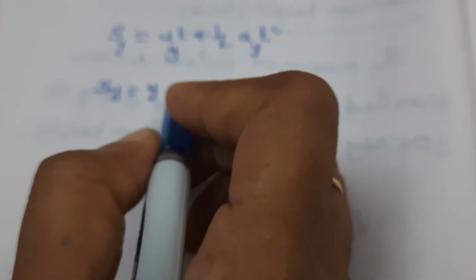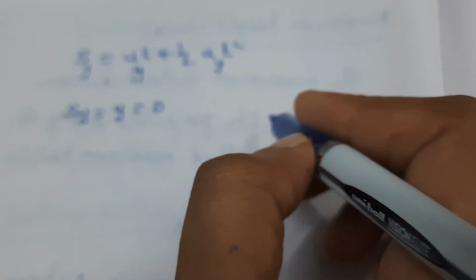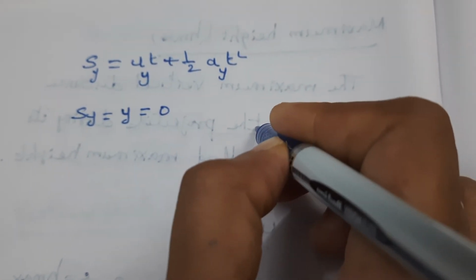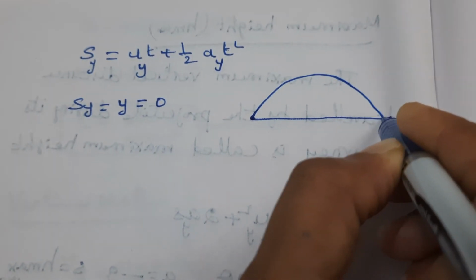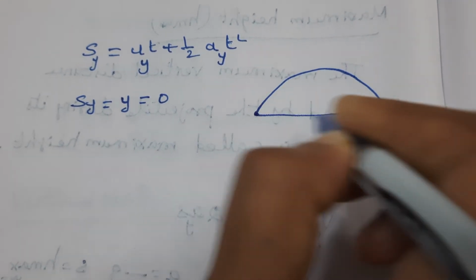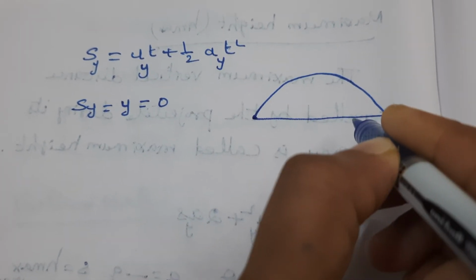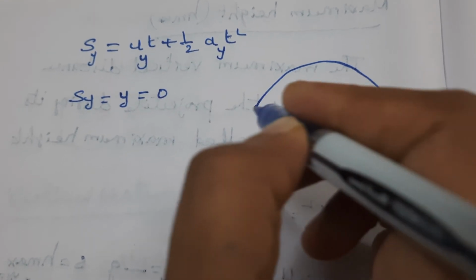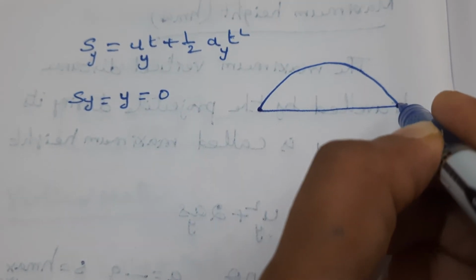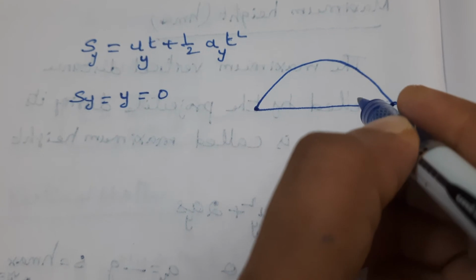Net displacement in the y direction is 0. The projectile starts from here, goes like this and comes down. So what is the net displacement in the y direction? It is 0. It starts from the ground and reaches the ground, so net displacement is 0.